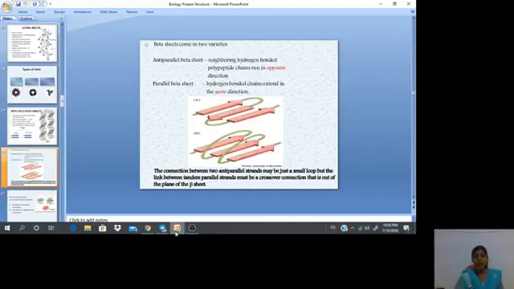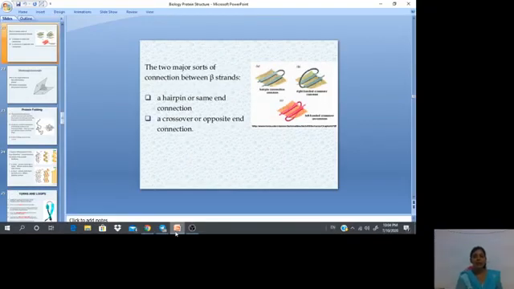The connection between two anti-parallel strands may be just a small loop as shown in A, but the link between tandem parallel strands must be a crossover connection that is out of the plane of the beta sheet, as shown in B. We can also define these connections as a hairpin or same-end connection, as shown in figure A, and the crossover or opposite-end connection, as shown in figures B and C, which are out of plane as we discussed in the previous slide.